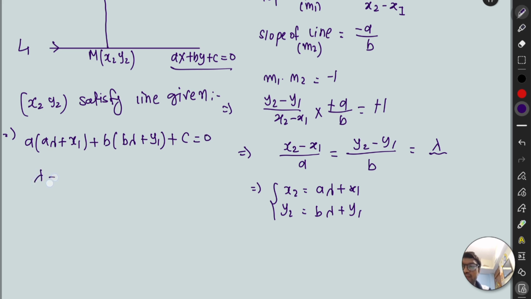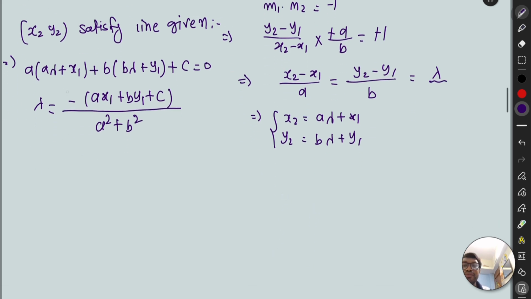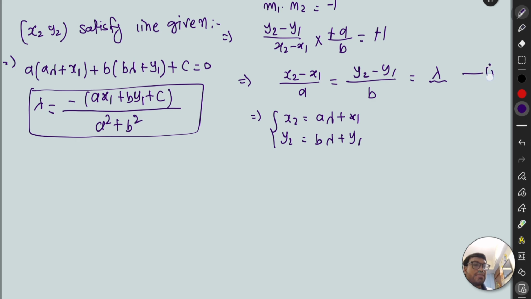From here, we can find the value of lambda as minus of ax1 plus by1 plus c divided by a square plus b square. So we will put this lambda value in equation 1 directly.